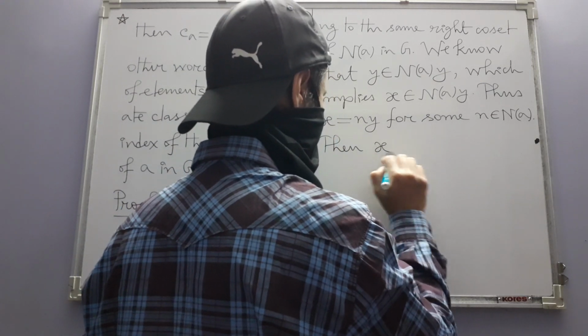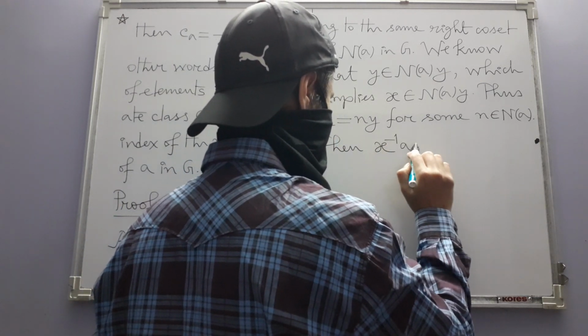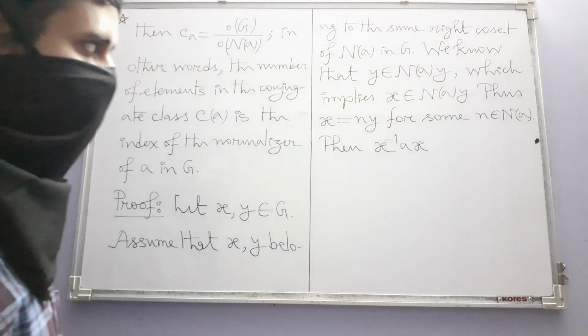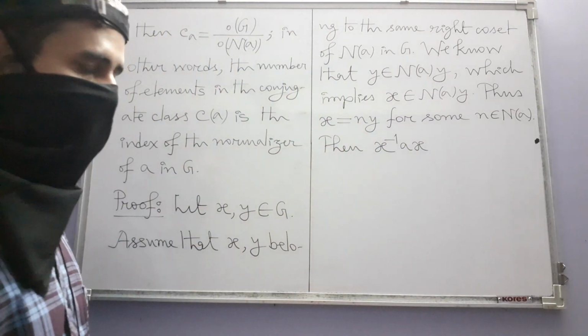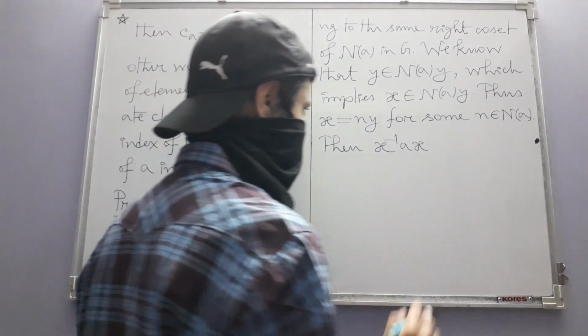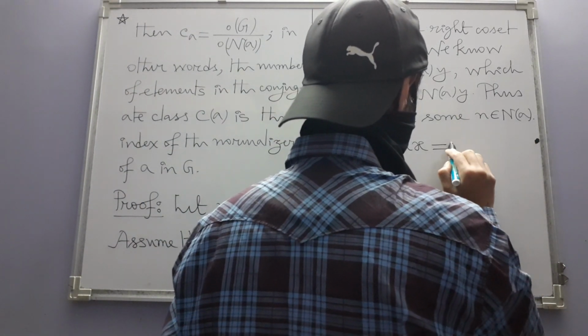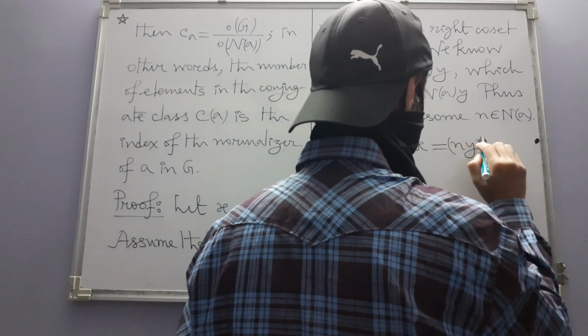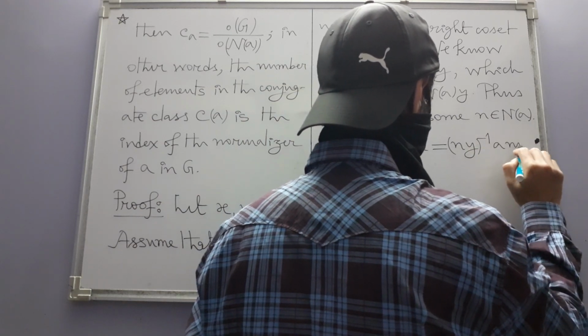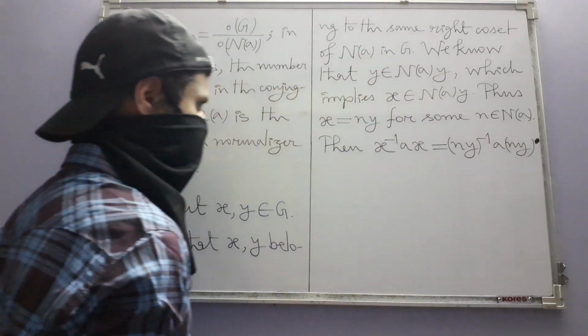Then x inverse A x, let's now consider this element. Since we have something for x, let's substitute that and see what we get. (ny) inverse A (ny).